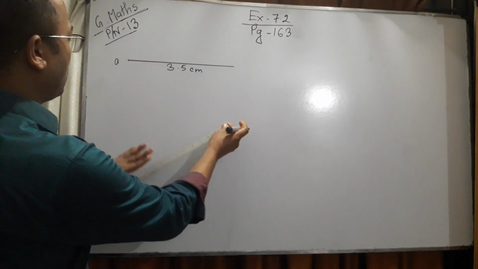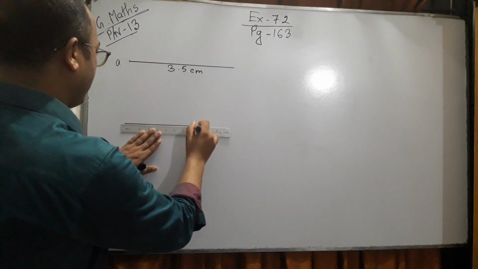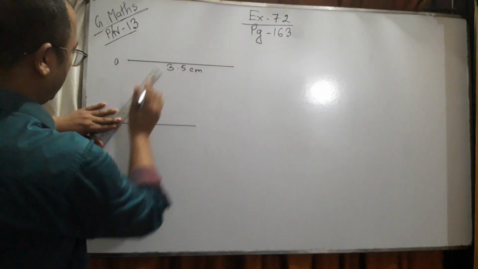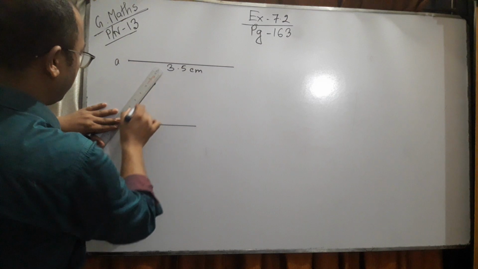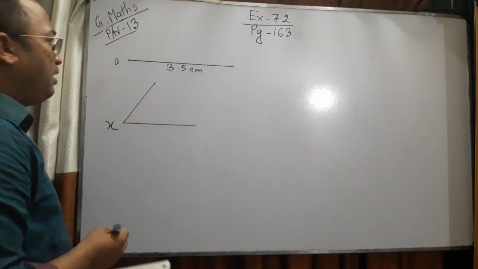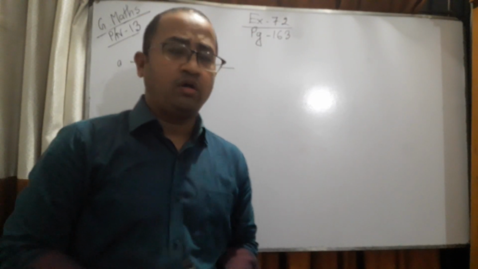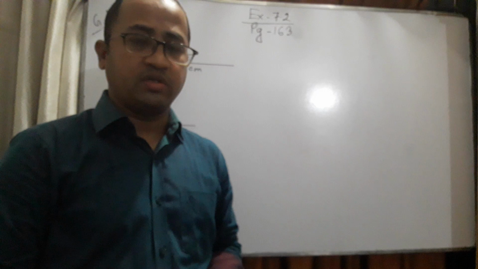Similarly, I will draw an angle that is 45 degree. Let this angle be x. Now, with these two pieces of information, I will draw the required rhombus.